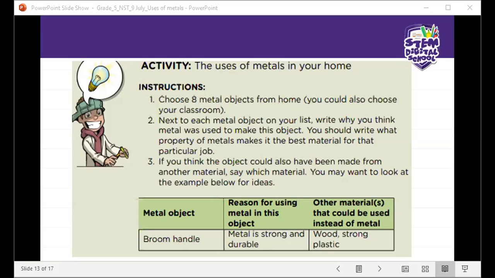Which other material could we use? Only the metal, ma'am. Okay, so if there was no metal, which other one could you use? Wood, because it's also strong. Nice. Thank you very much, Shengiwe.